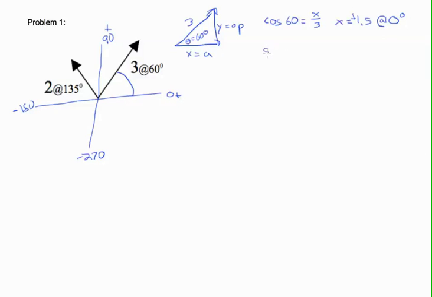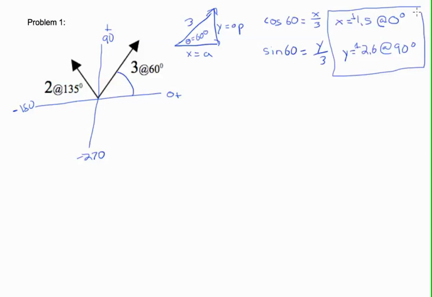And for the y, we'll do the sine of 30 equals opposite over hypotenuse. And we get 2.6, and because it's pointing towards 90, we have positive 2.6. And that's our first vector.